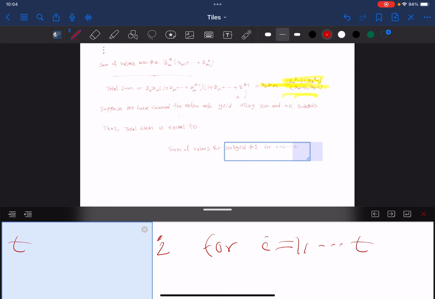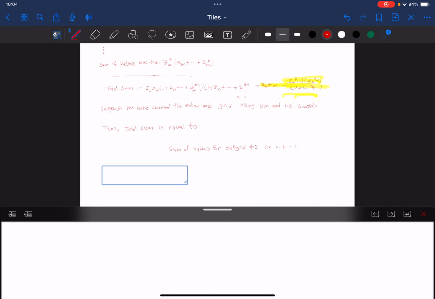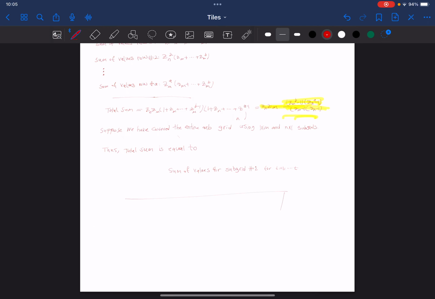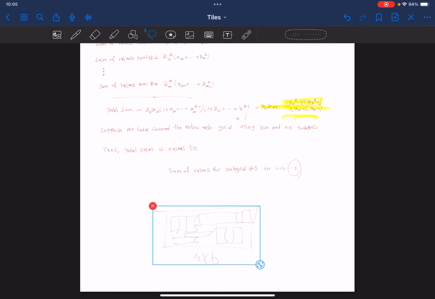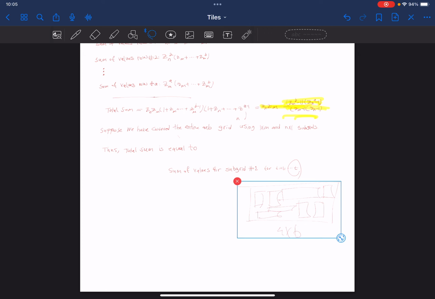So basically I'm assuming that I have covered the entire A by B grid, and I use t subgrids to cover it. This is obvious, because it's like doing this summation in two different ways. One is going square by square.